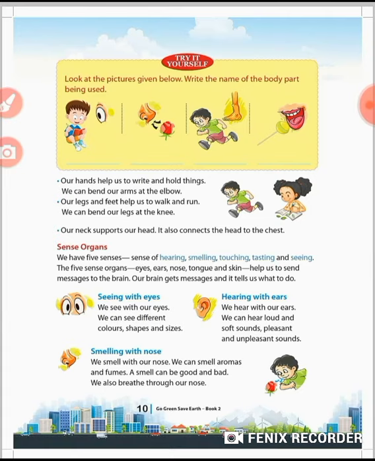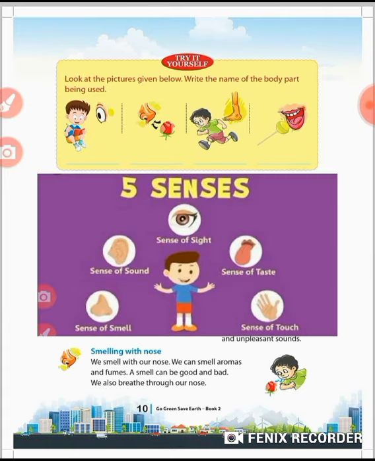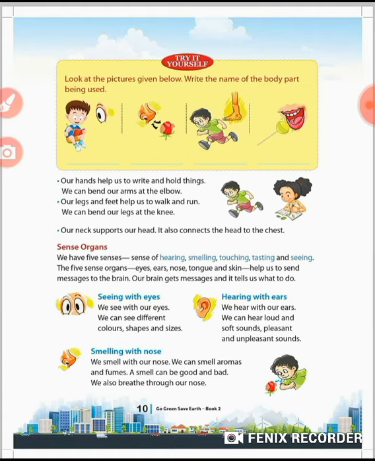Yes, 5 sense organs. Let us discuss about these sense organs. We have 5 senses. Sense of hearing, smelling, touching, tasting, and seeing.